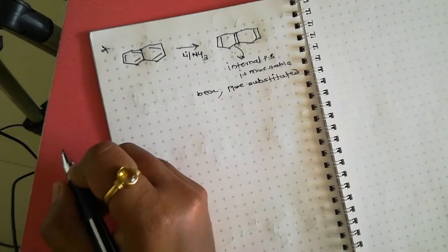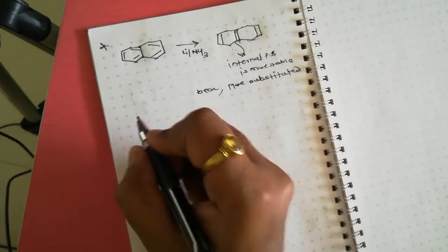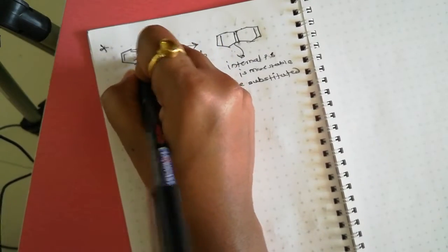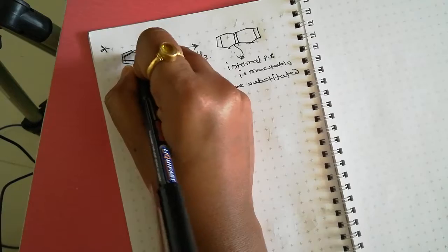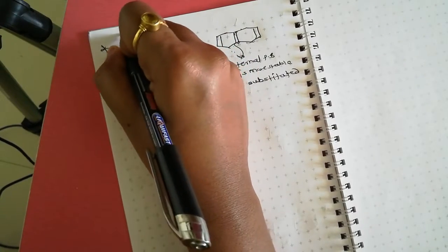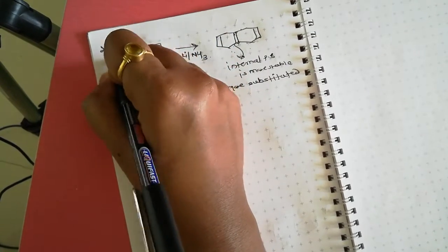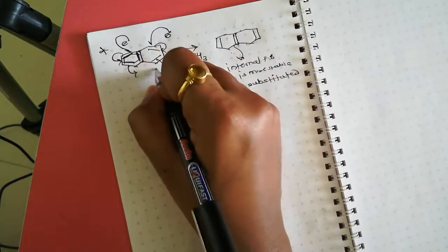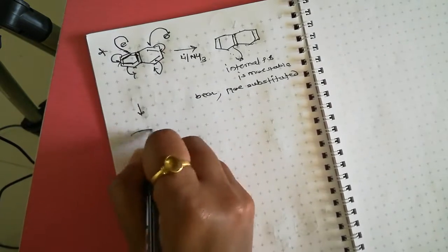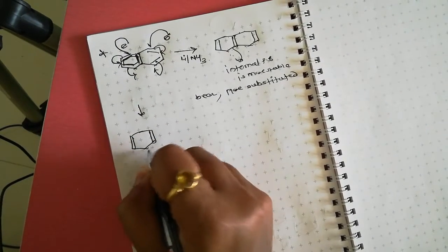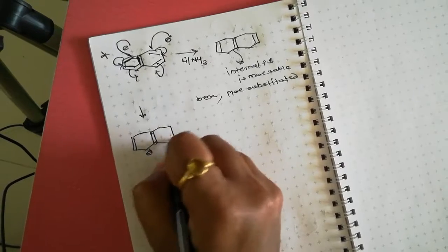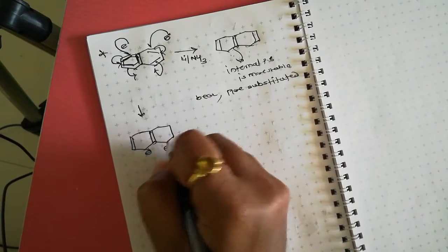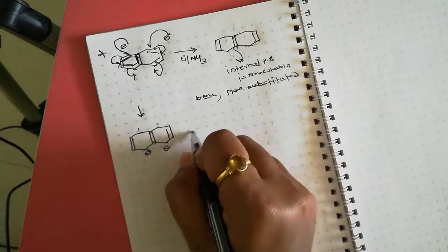What is the mechanism for this? Electron transfer here, electron from lithium, this bond shifts here, and here we get a negative charge. The electron from lithium transfers here, and we get a negative charge, a double bond, and electrons here.